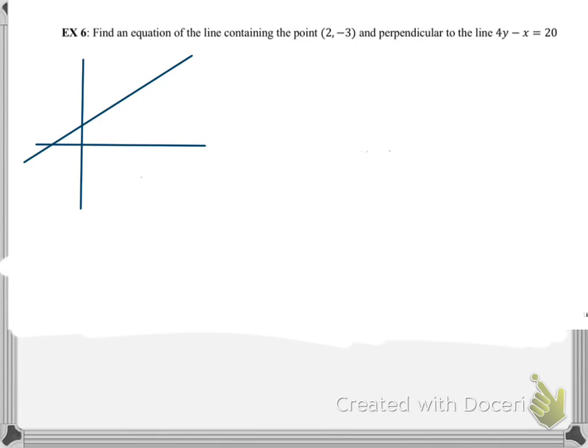And this is our 4y minus x equals 20. And then we're given a point, like 2, -3 is down here somewhere. And just like we did with the parallel line, we want to write the equation of that line right there.